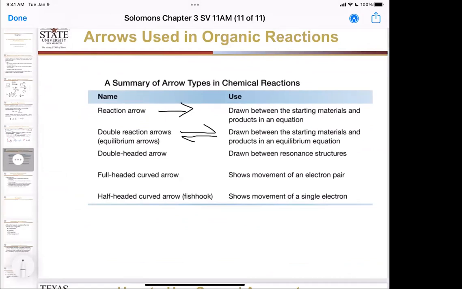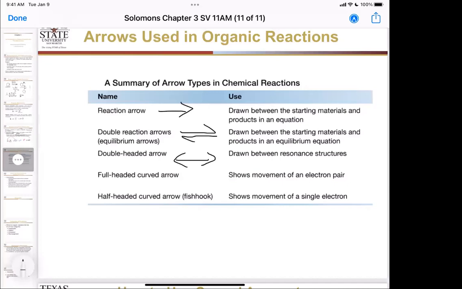The double-headed arrow that we drew when we had resonance structures. Remember, resonance structure is not going back and forth between those two. Neither one perfectly represents what it is, so it's somewhere in between. It's somewhere in the hybrid system. So that's our double-headed arrow.